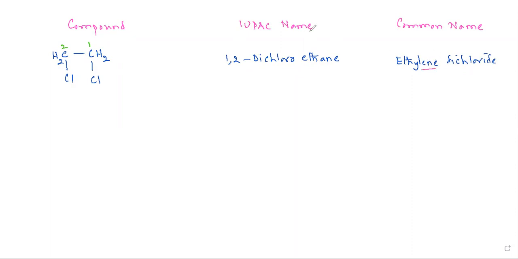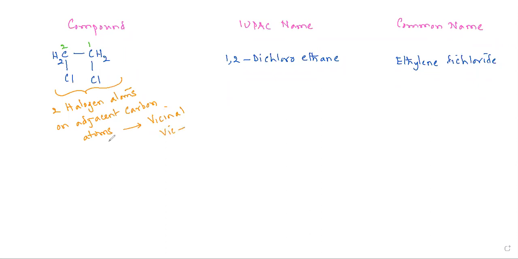The previous one was ethylidene. Now this is ethylene dichloride. And see this kind of an arrangement in which you got two halogen atoms on adjacent carbon atoms. We call this vicinal arrangement and is represented by Vic or Vis.